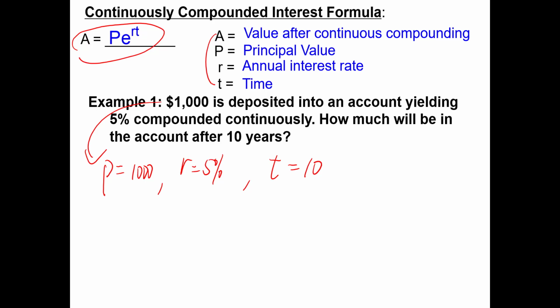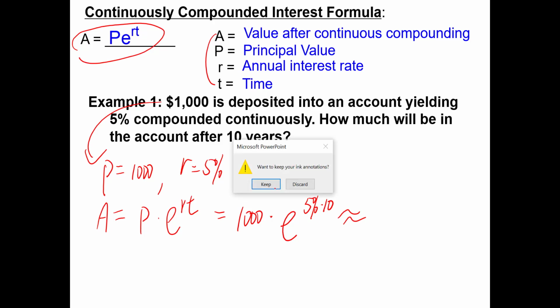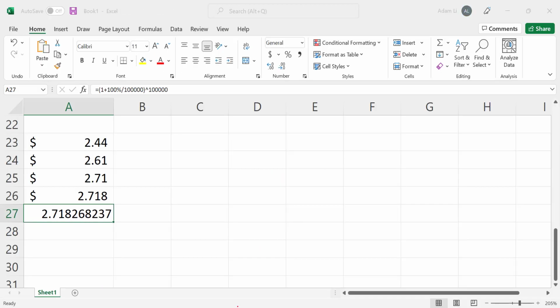So the unknown here is the ending balance, principal times e to the rt. Principal is $1,000 times e to the rate, that's 5%, times time. One more time, I use Excel as a calculator to show you quickly the result.